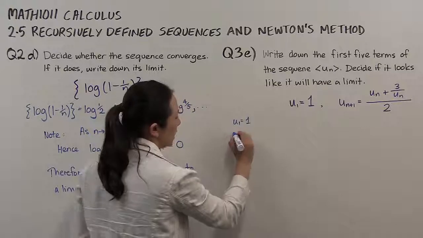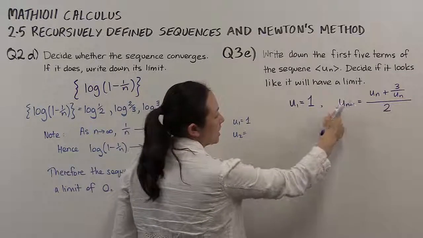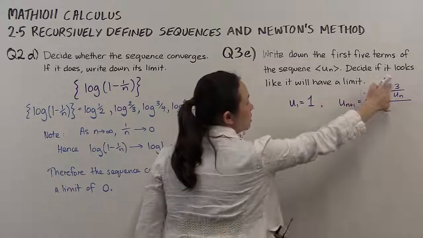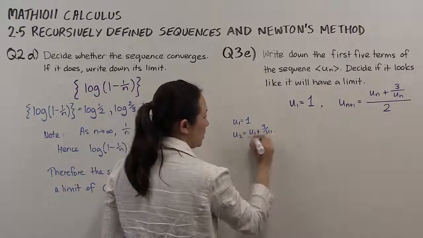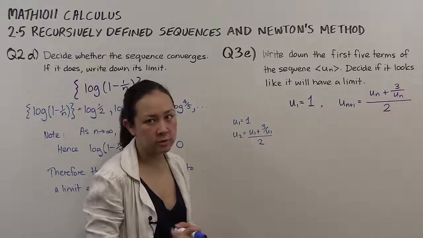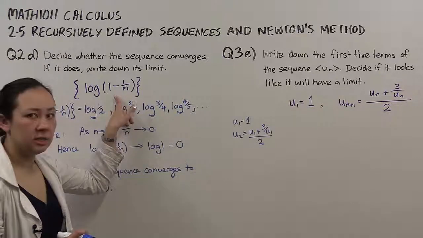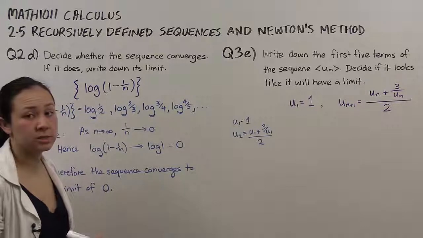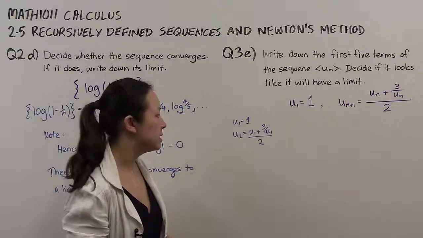So if I wanted to calculate the second term, that's substituting n equals 1 in here. The second term is the first term plus 3 divided by the first term, all over 2. So it's giving us each term in terms of the term before. So this is quite different from an explicitly defined sequence, where you can just substitute a value of n in. Here we have to build up the sequence from the start.